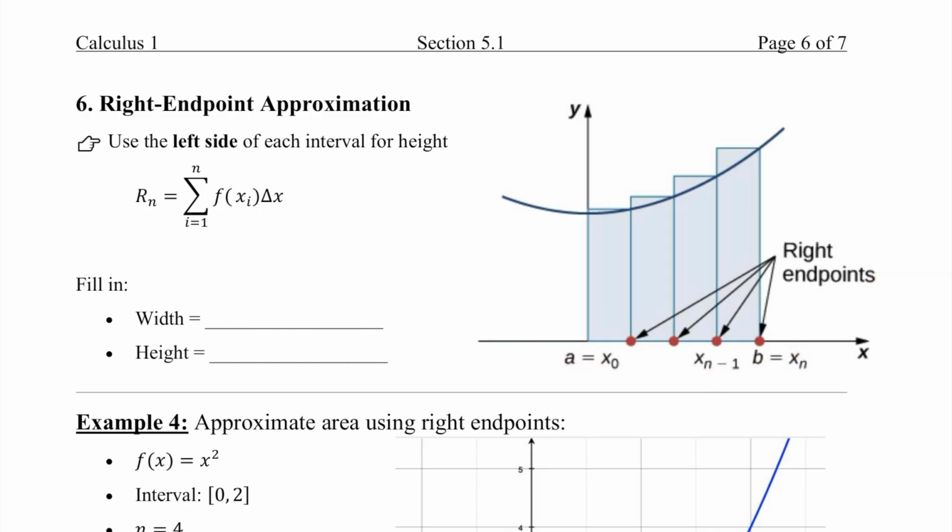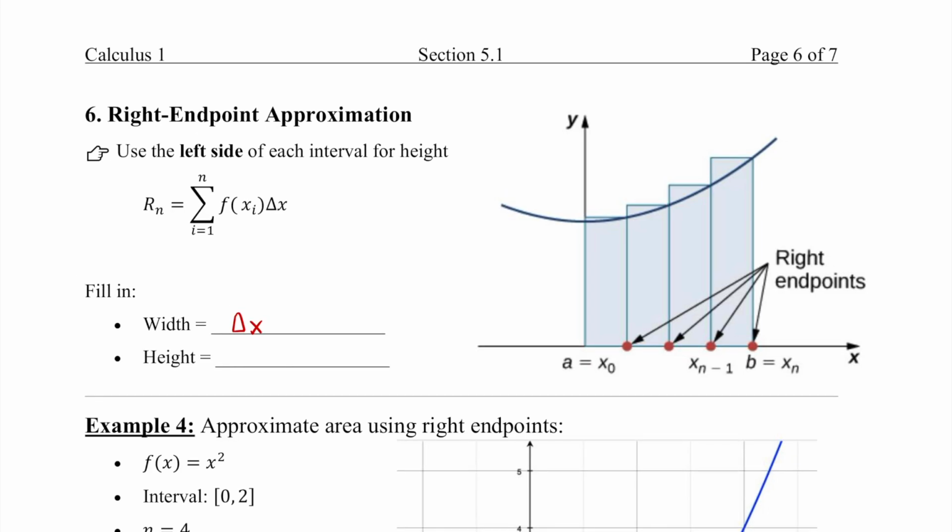We have a total of 4 rectangles, and the width of each rectangle is the same, which is delta x. To find the length of the first rectangle, we start at the right endpoint and go straight up to the curve.